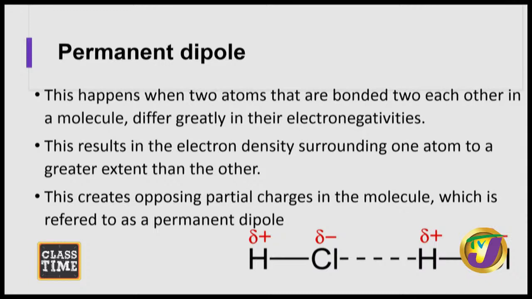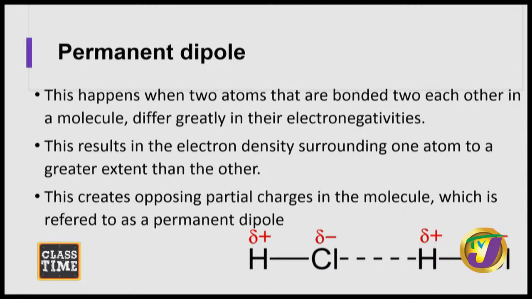So since we permanently have two charges, those two charges are a positive charge and a negative charge. The negative charge is around the chlorine, the positive charge is around the hydrogen. Therefore, the negative chlorine can interact with positively charged species.